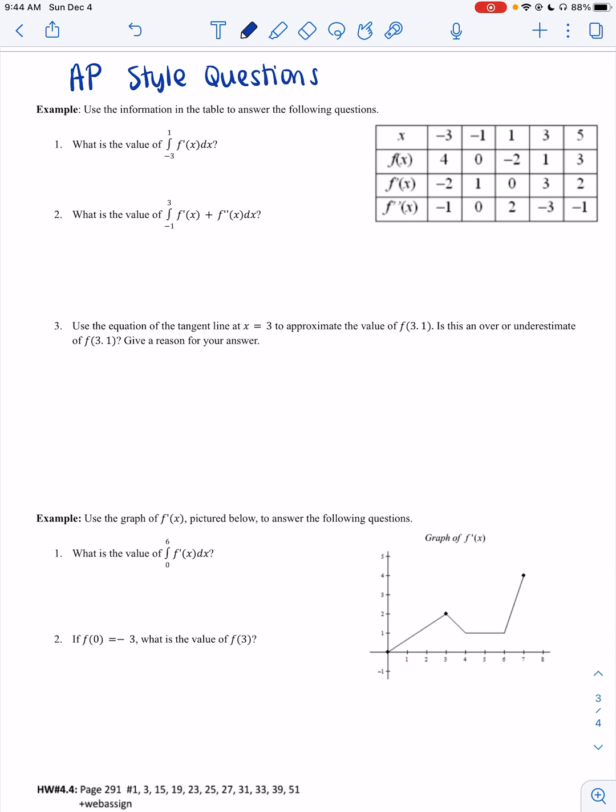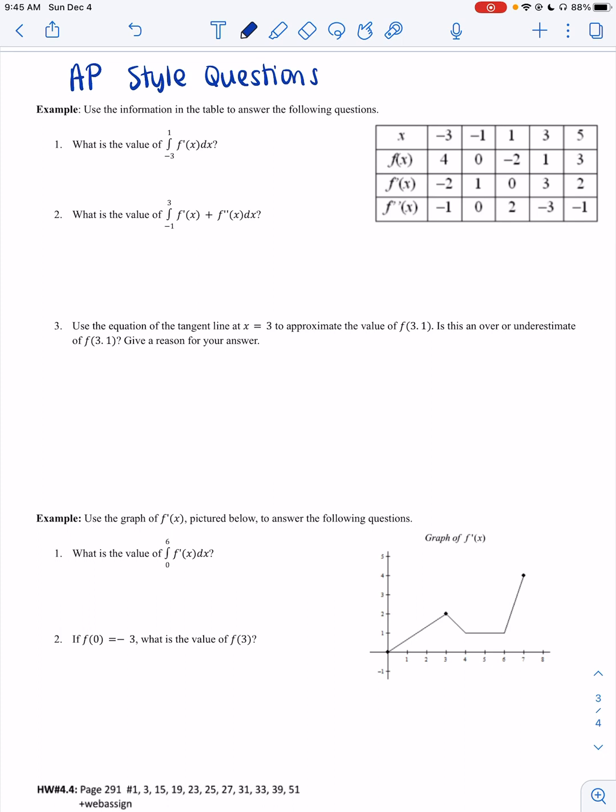So for this first one, we're being given a table that gives us quite a bit of information about a function, its first derivative, and its second derivative. We're being asked to find the value of the integral of f prime of x evaluated from -3 to 1.